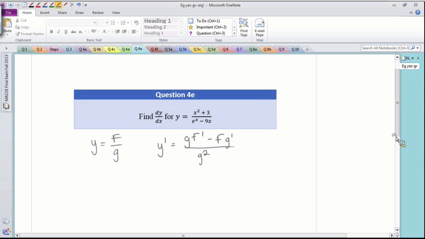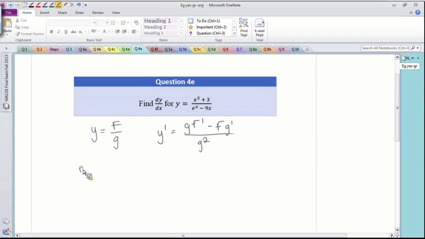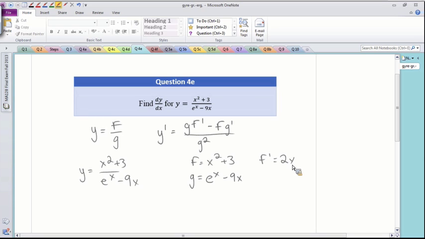So just like we did for the product rule, let's very clearly state what our f is, what our g is, what our f prime is, and what our g prime is. I'll write this off to the side. f is equal to our top function, x squared plus 3. g is equal to our bottom function, e to the x minus 9x. f prime is the derivative of x squared plus 3, which is just 2x.